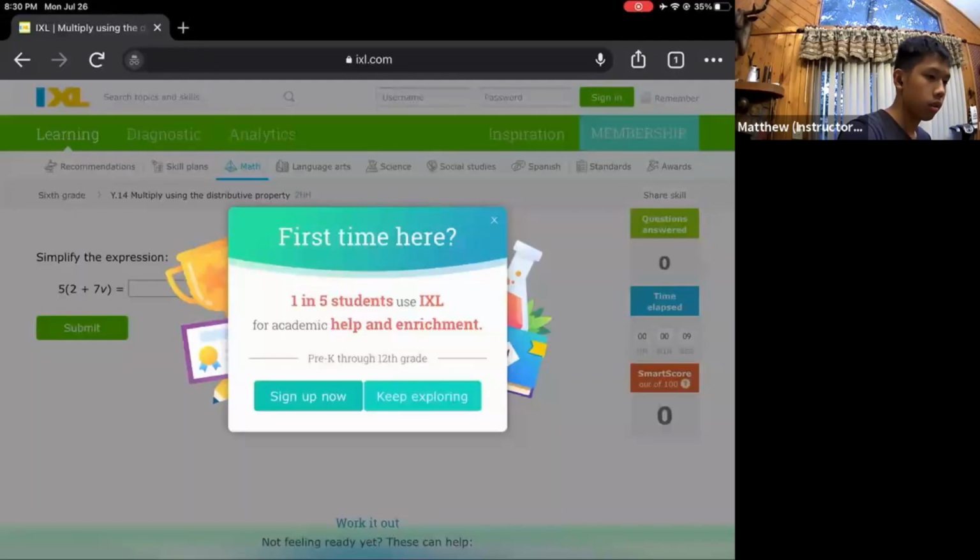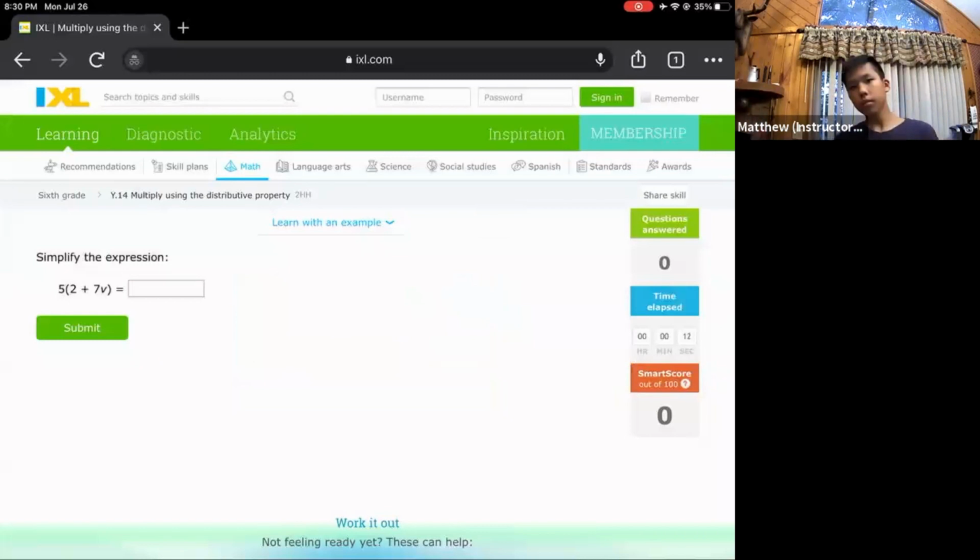I did not forget that I can't use Safari and that I'm supposed to be using another app. There we go. Let's share my screen. So, distribution property. Let's go.